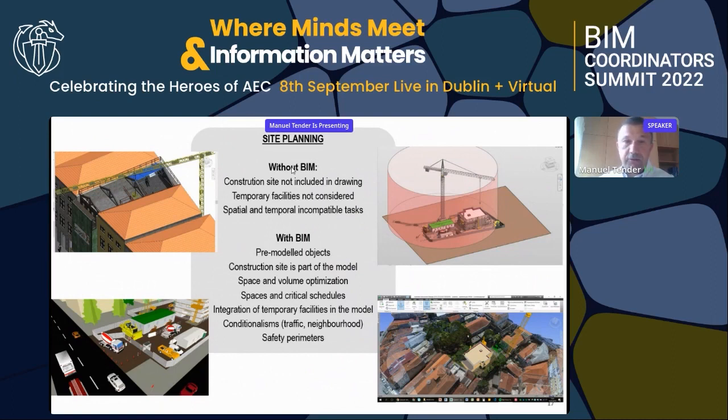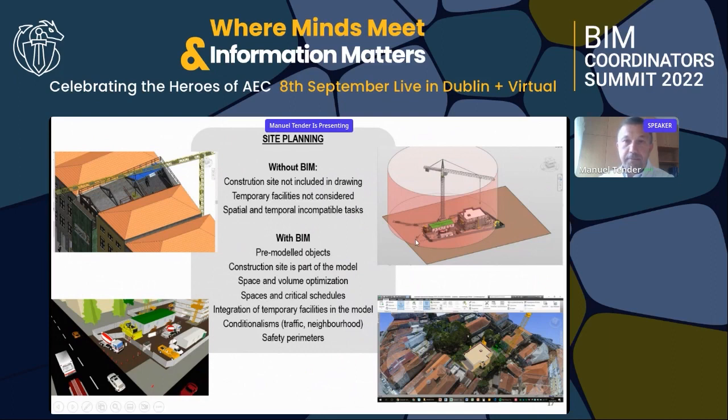I can get the construction site directly in the model, and this gives me the opportunity to do space and volume optimization, to better understand spaces and critical shadows, to integrate temporary facilities like a crane in the 3D model, to better understand the conditions, the traffic around my site, and the neighborhood, if I'm building in the center of a town, like our town, Porto, and I can also have the safety perimeters of a crane.